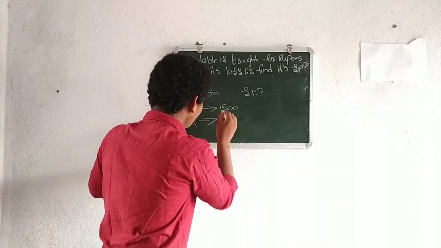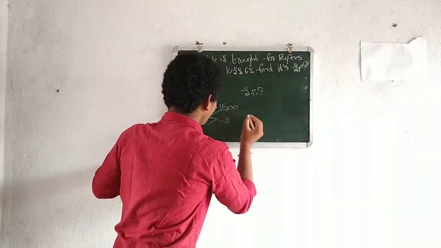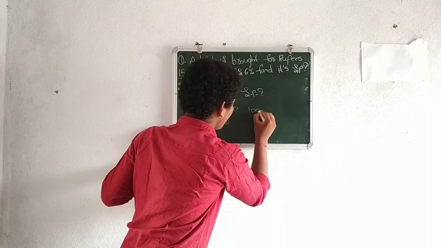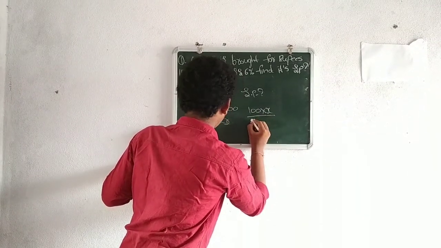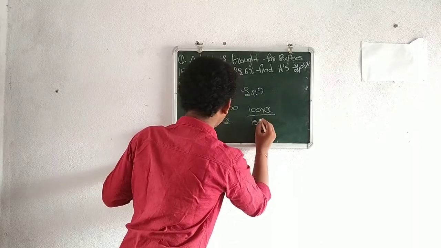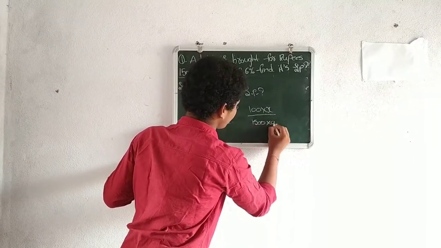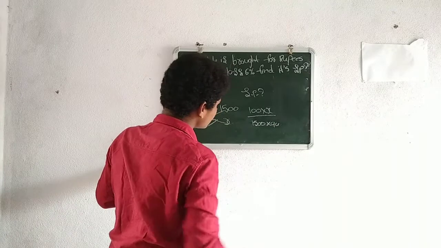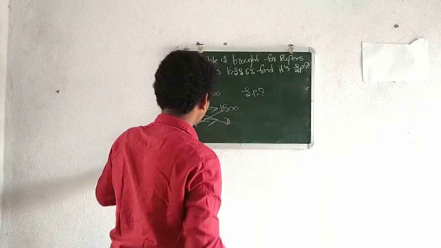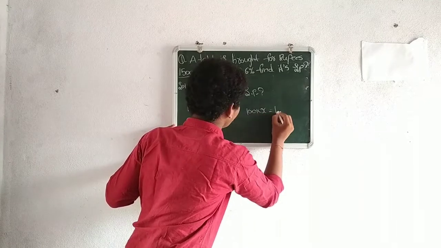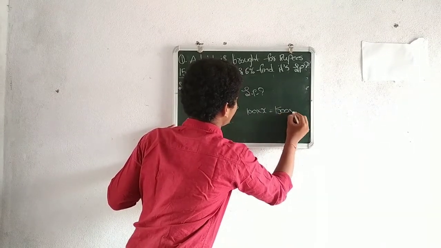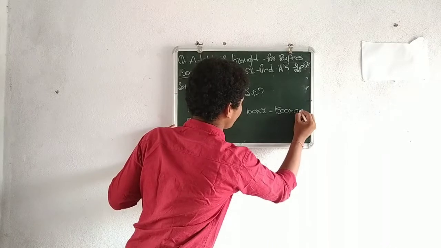So simply do cross multiplication. 100 into x by 1500 into 94. You can also write 100 into x is equal to 1500 into 94.